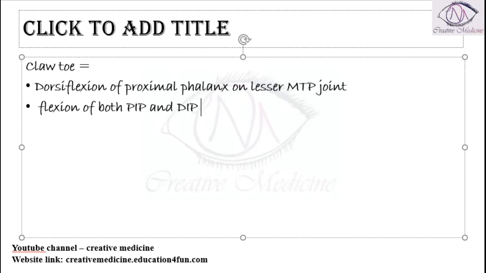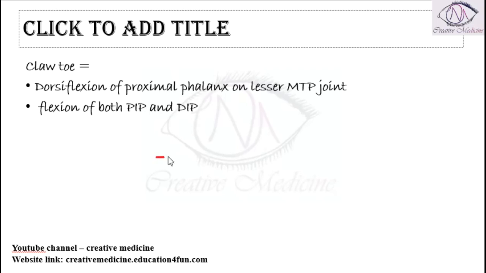Just like claw hand, there is claw toe, where if this is the foot, there is dorsiflexion of the proximal phalanx on the lesser metatarsophalangeal joint, and there is also flexion of the proximal interphalangeal joint and the distal interphalangeal joint. So this is claw toe, just like claw hand.